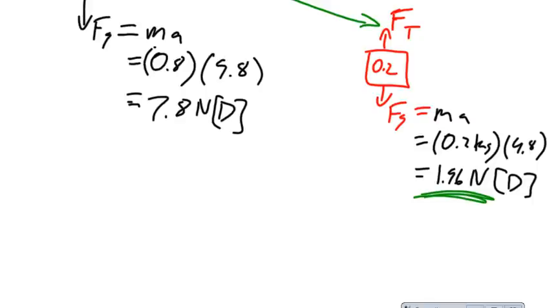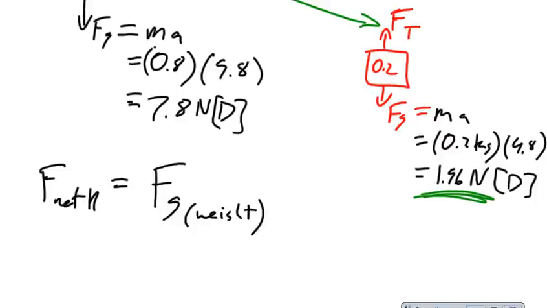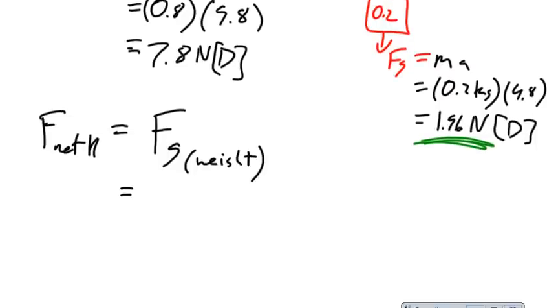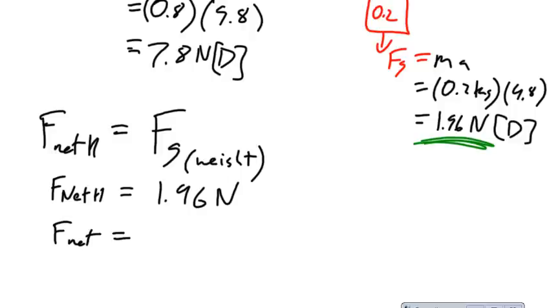When we're trying to figure out our net forces horizontally, the only one we're really interested in is the force of gravity from the weight. So when we plug that in, we know the net force horizontally on the cart is 1.96 newtons. We also know that net force is always equal to mass times acceleration.